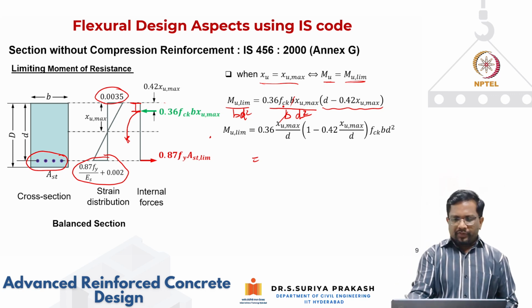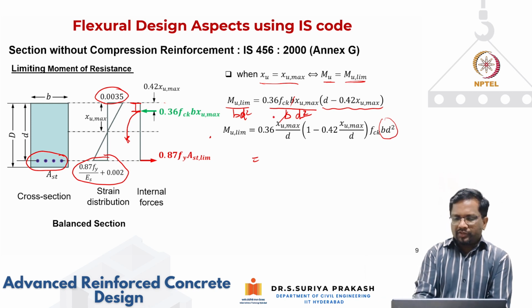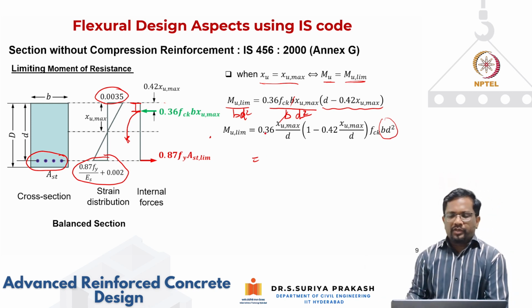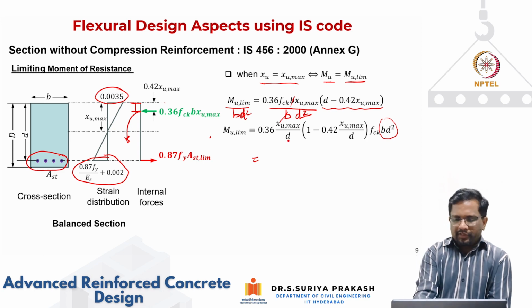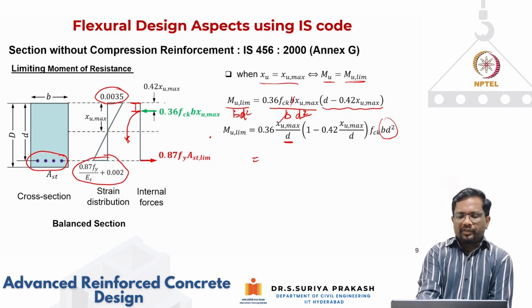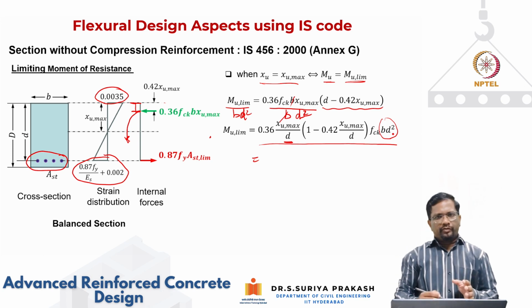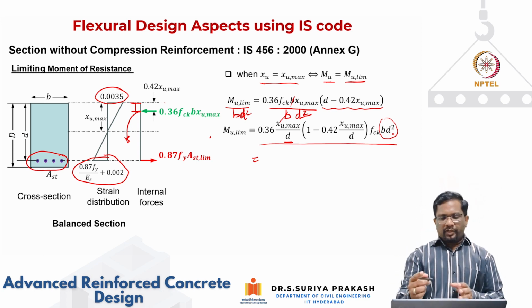When you simplify this, the b d square will come out to this side. So you will be left with 0.36 Xu max by d, and then again when you take one more d, it will get cancelled, so it will become 1 minus 0.42 Xu max by d. So with simple simplification of dividing both sides by b d square, you end up with this equation for Mu limit only in terms of Xu max by d, fck and b d square.